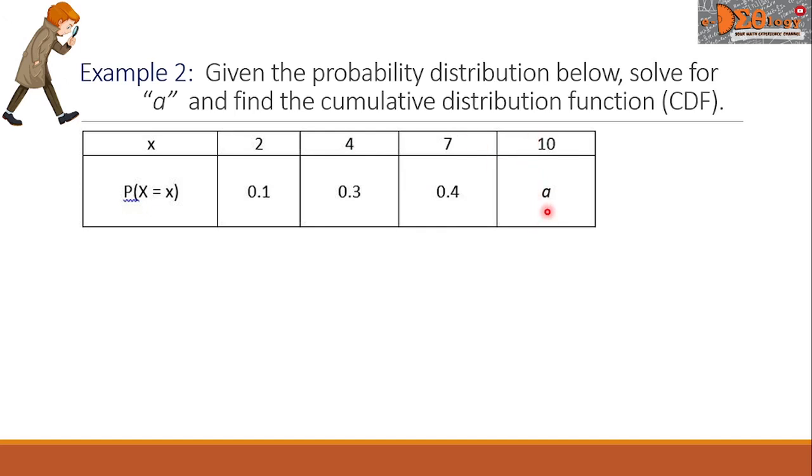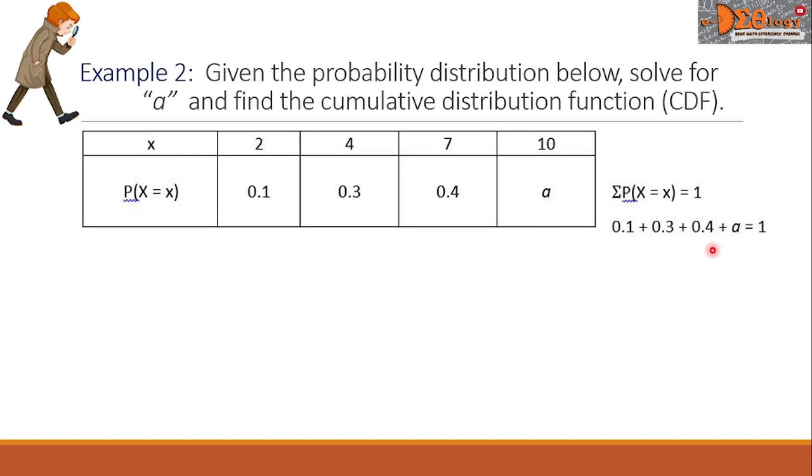To solve for A, we take note that the summation or the total of these probabilities equal to 1. So what we're going to do, we're going to add all the probabilities and equate it to 1. So we see here 0.1 plus 0.3 plus 0.4 plus A equals 1.